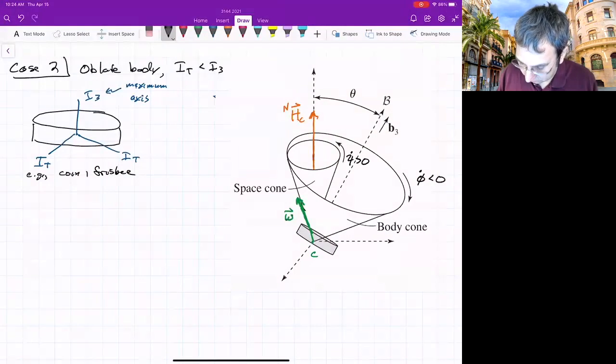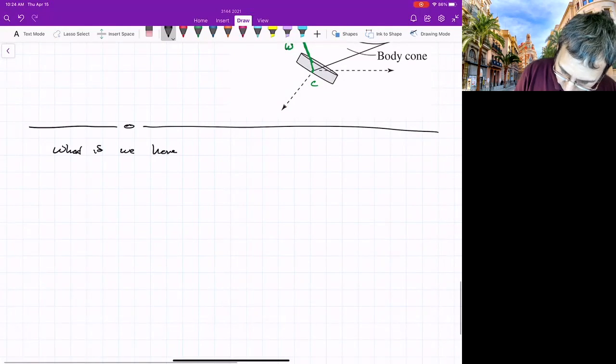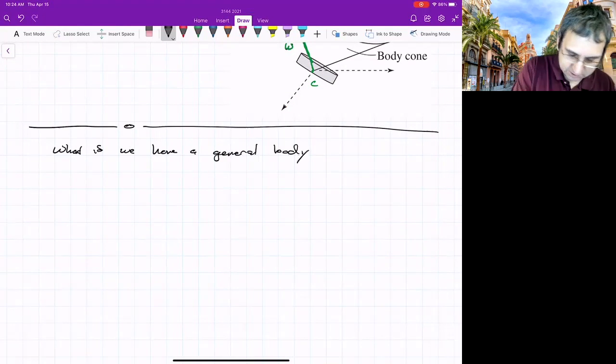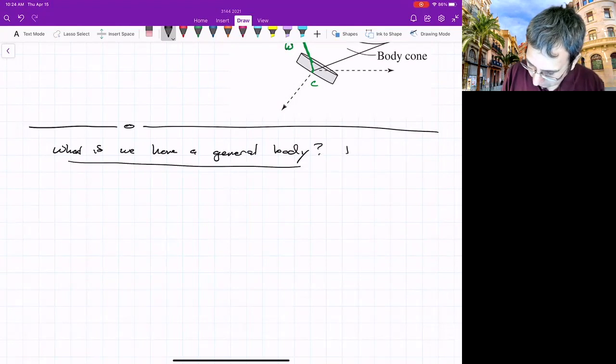which then leads to, well, then what's the general motion? If we don't have something that's axisymmetric, well, you can get other kinds of things happening. By general body, I mean, if you were to pick something randomly, it's going to have three different principal moments of inertia. So that means I1, I2, I3 are all different.